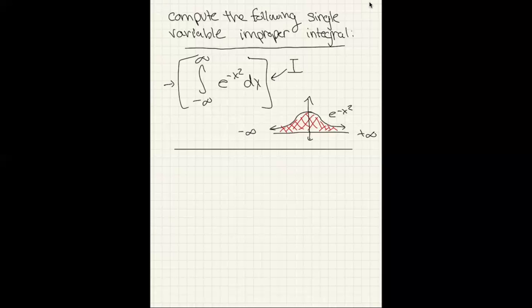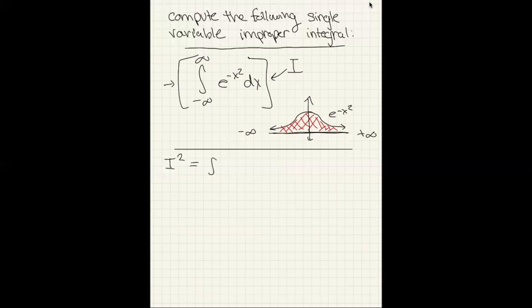Instead of computing I, I'm going to write a formula for I squared. If I get a formula for I squared, I can find the original value of I just by taking the positive square root. And I'll have a positive number because you're looking at positive area above the line y equals 0.